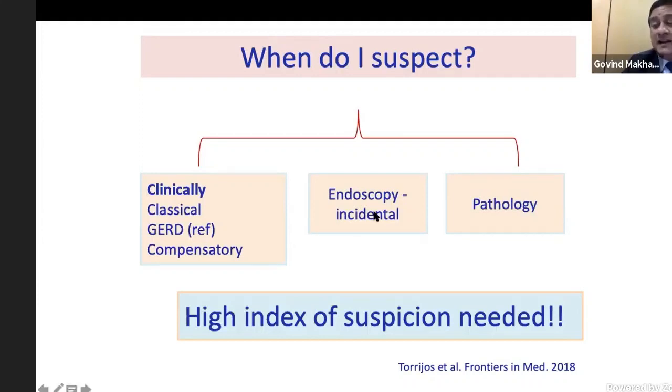They can come when you are doing endoscopy for some reason and you find multiple furrows or multiple ring-like lesions in the endoscopy, or sometimes a good pathologist can give you a diagnosis on pathology without having this suspicion. But most important, think of this disease and make an effort to take biopsies if you do endoscopy in such patients.